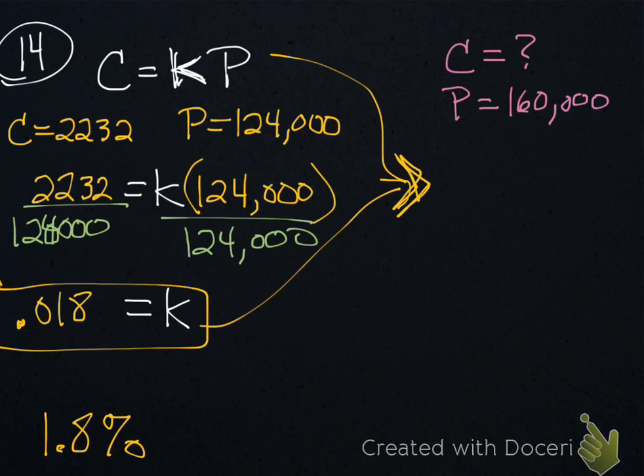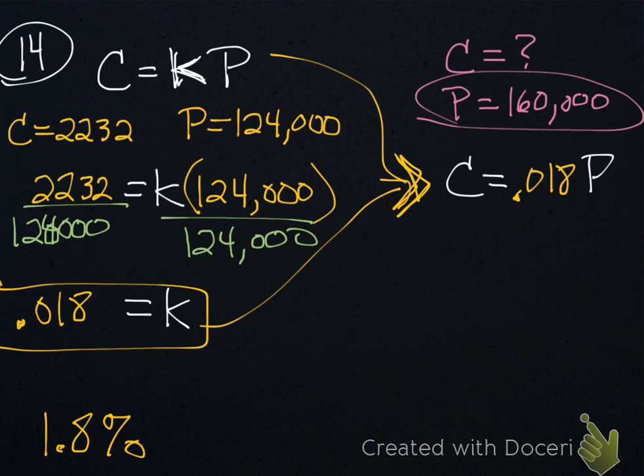Okay, so let's put that in our equation. So cost equals 0.018. Remember, you have to use the decimal value, not the percent value, times P. So now we're going to plug in that price, that P. So C equals 0.018 times 160,000.